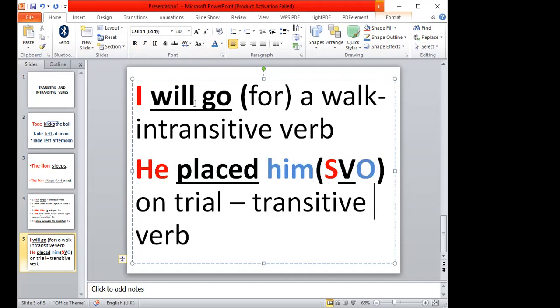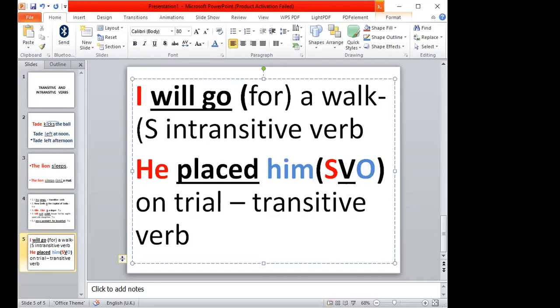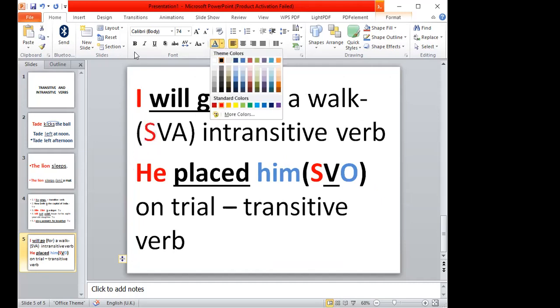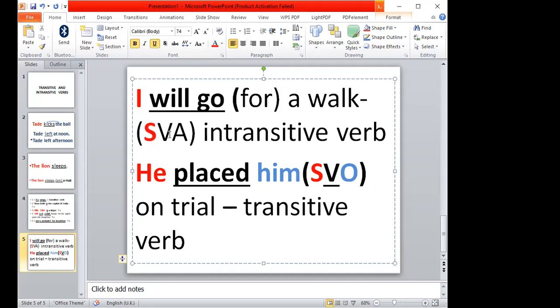But you will agree with me that for this will be an SVA structure. What do I mean by that? I have a subject, a verb, and an adverbial, or what we call an adjunct. Why? Because this is my subject. This is my verb.